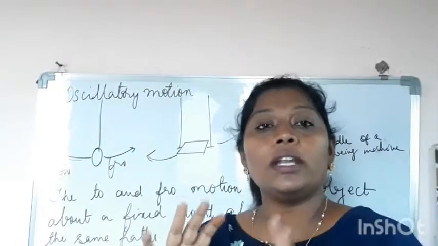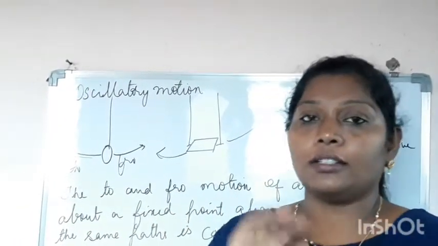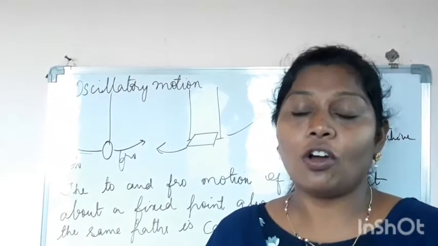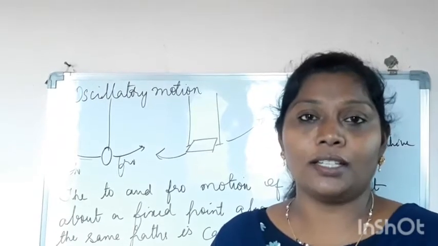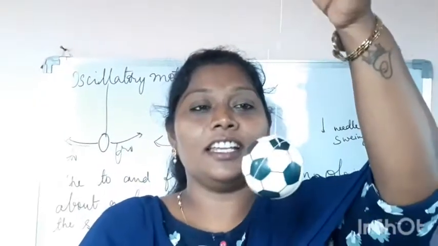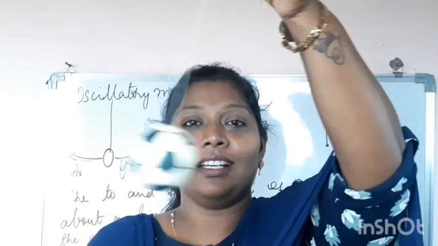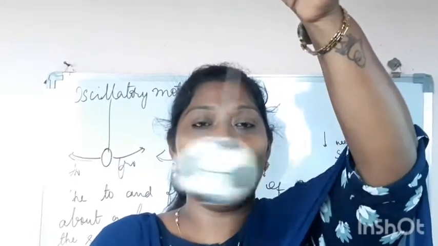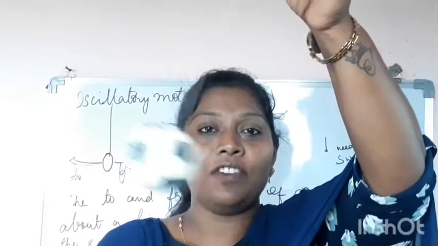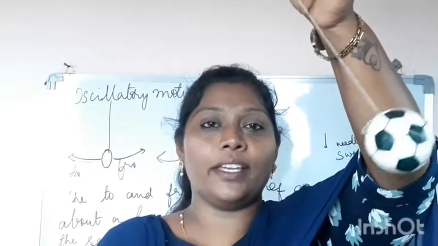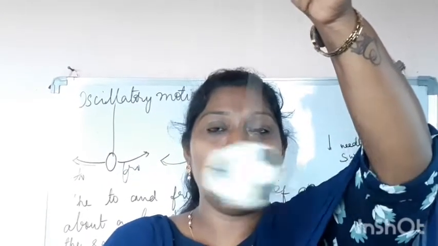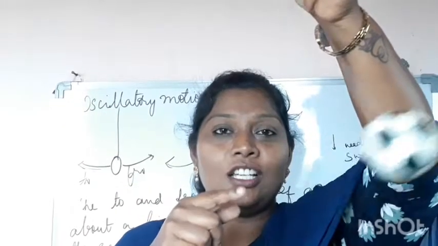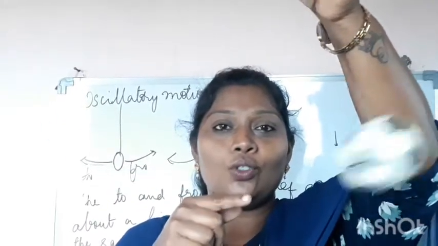Okay, so only such motions are called oscillatory motions. What, children? Oscillatory motion. Okay, children, if you see this ball, observe it carefully. What is the motion that the ball is going through? See here, it is going front, back, to, fro, to, fro.